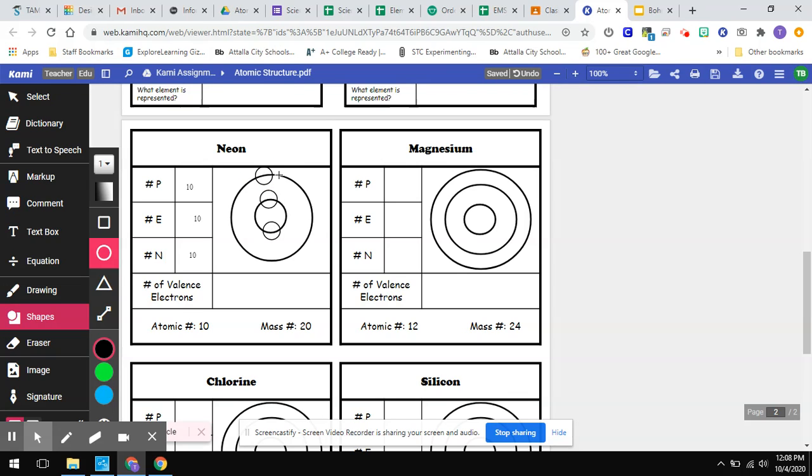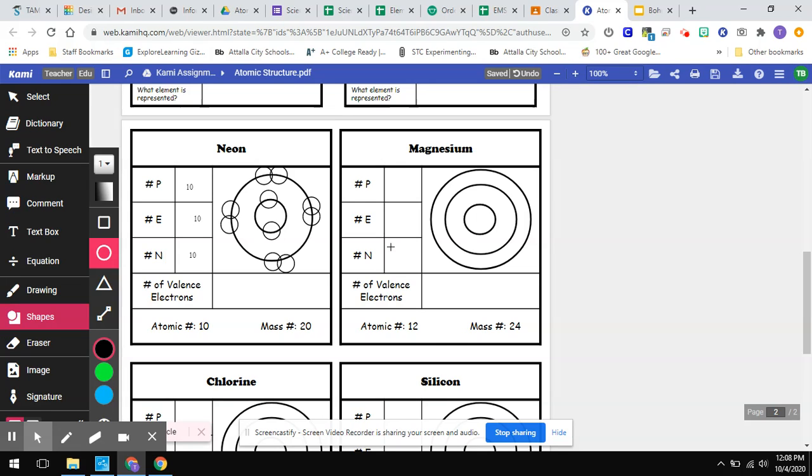So I'm going to go 2 at the top, 2 on the left, 2 on the bottom, and 2 on the right. And so now I have 2, 4, 6, 8, 10. So that's how my electrons would be diagrammed for a neon atom.